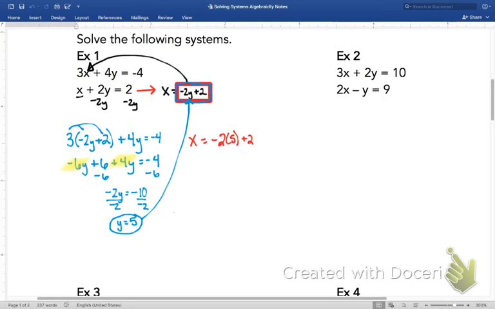So, negative 10 plus 2. x is equal to negative 8. So, write it as a coordinate: negative 8, 5.